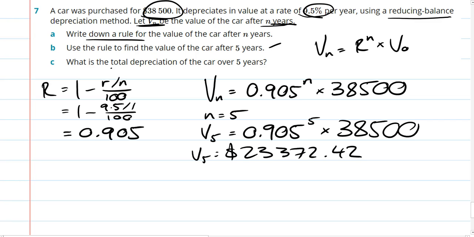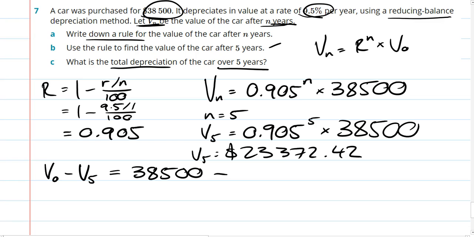The total depreciation over 5 years is the difference between how much it started with and how much it's currently worth, so V0 minus V5. That tells you how much value you've lost over those 5 years. So $38,500 minus $23,372.42.